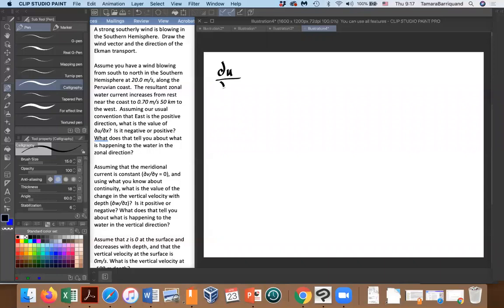So if water is rushing out of our box in one area, water needs to be rushing into our box in another area, another direction. Another way to think about this is that continuity is like chewing gum. And so if we stretch the water parcel in one direction, it must get squished in another direction.